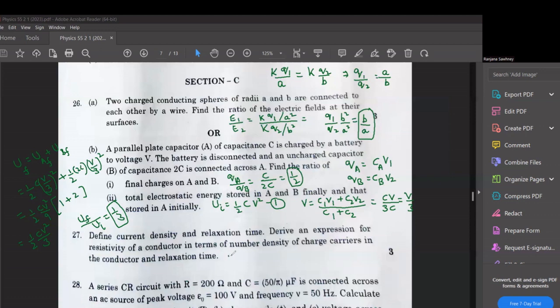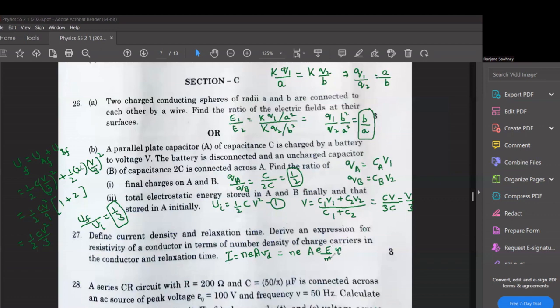We start from I is equal to NEA VD, where N is the number density of the electrons, VD is the drift velocity, and VD here is equal to E upon M into tau.